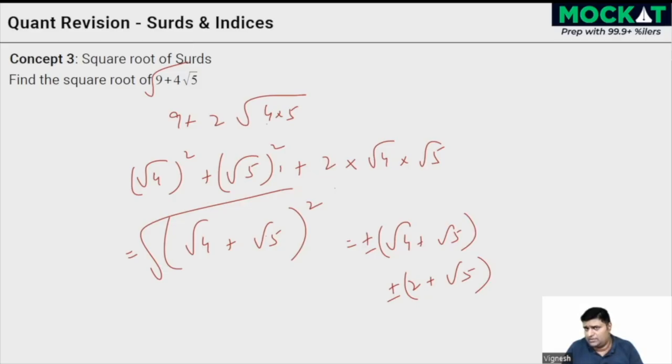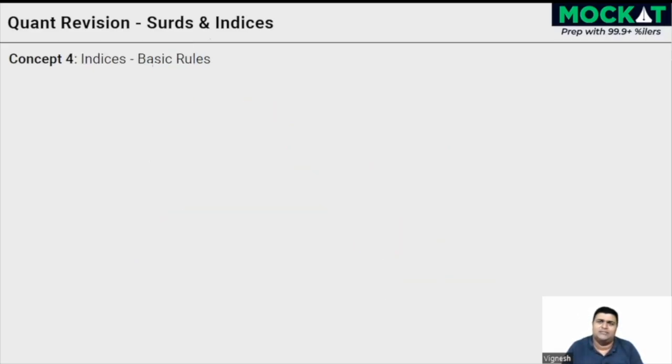So now we look at indices. When it comes to indices, the basic rules are: if a power x is equal to 1, then x over here has to be 0, because anything to the power of 0 is 1.